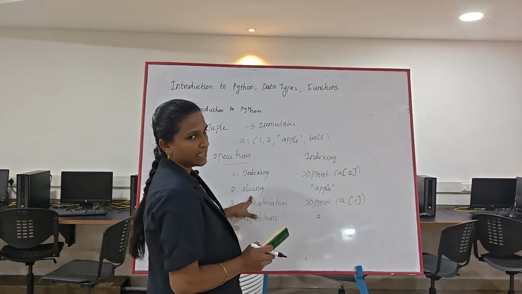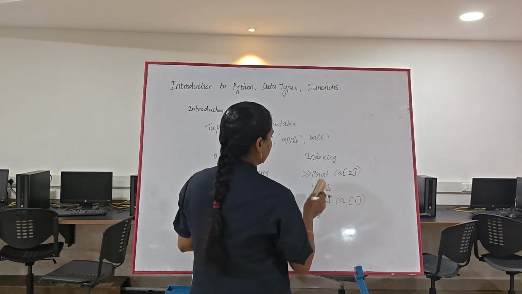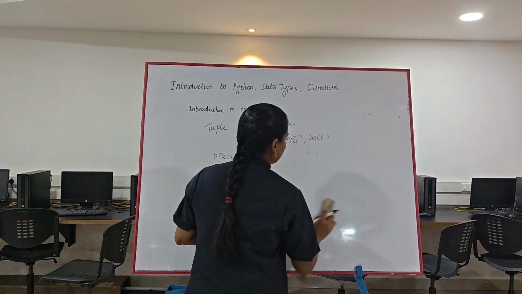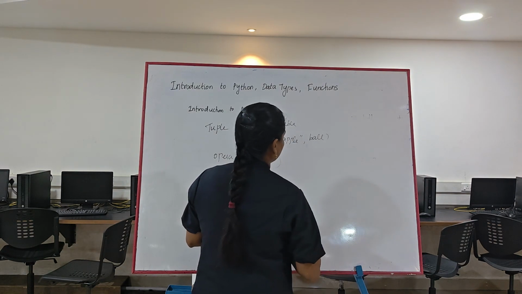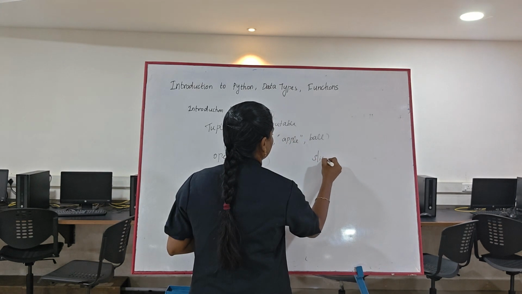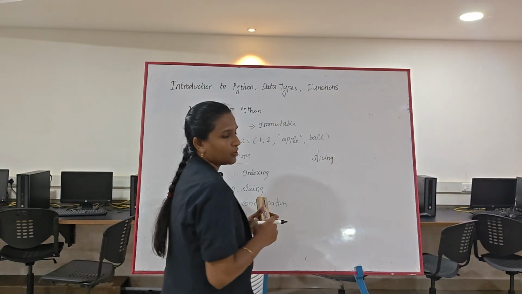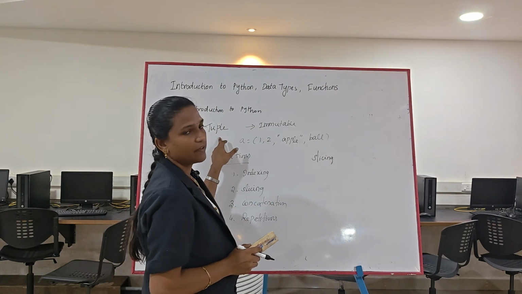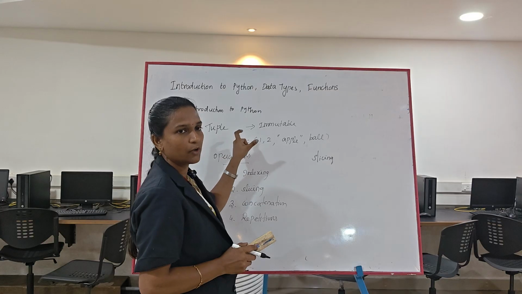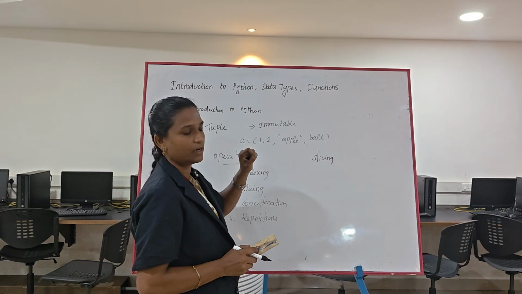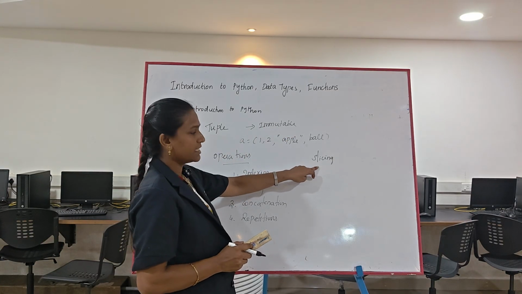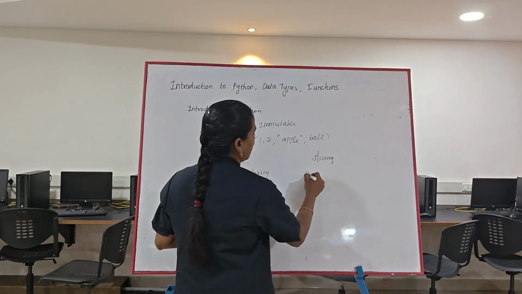Next one, slicing. Slicing means a part of the tuple. We are going to take a part of the tuple. That one we will call slicing. So we will see the example.